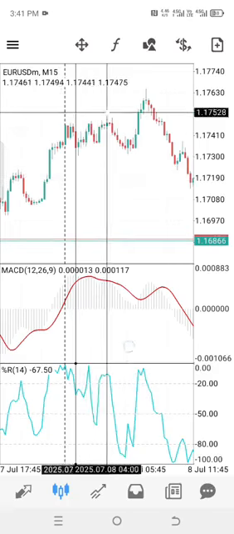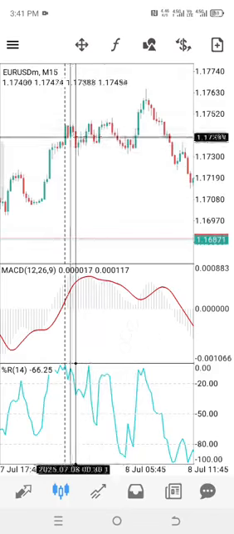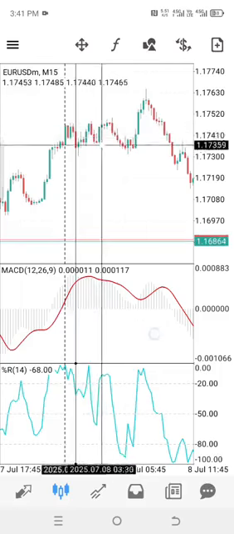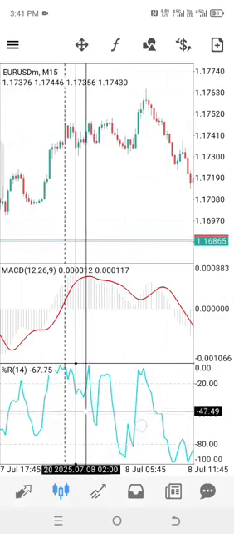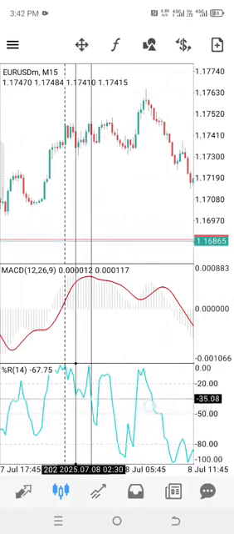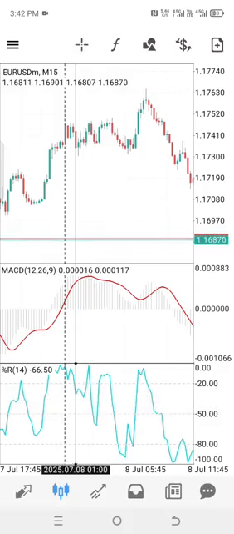If you look carefully, you realize that the market is still in the Asian session. So have a look at the time. This is, as you can see, 2:15, 2:30 and all of that. So you cannot be trading in the Asian session. Like I said, you only take your trades in the New York session and the London session.